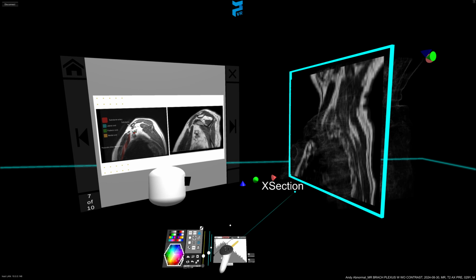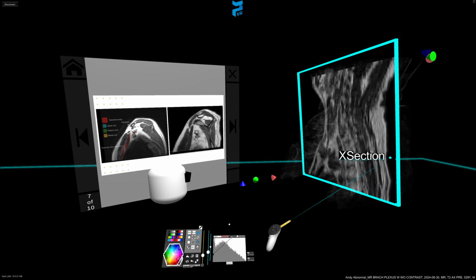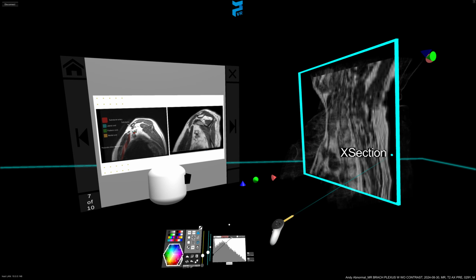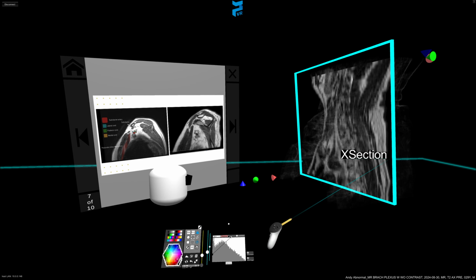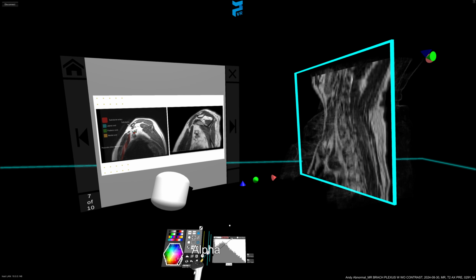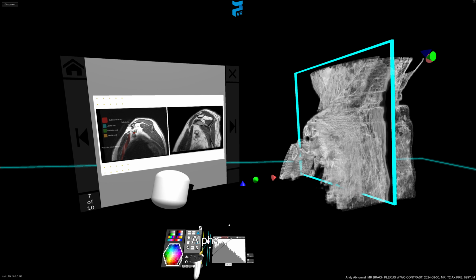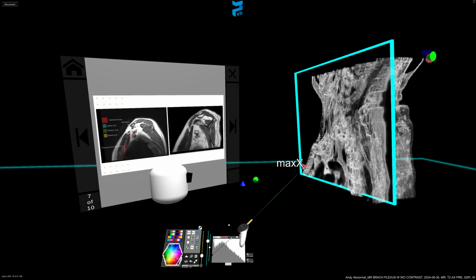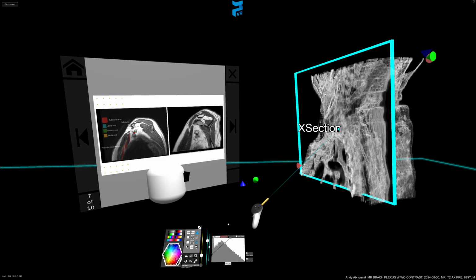Reducing that down. And then again, here is where we would expect to see nerve roots exiting right around there. So going back in, we can see some of the nerve roots exiting right around there.